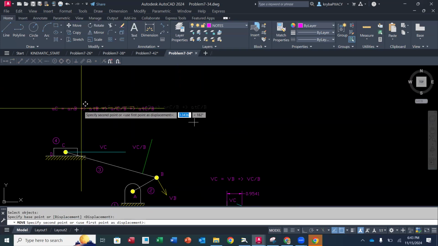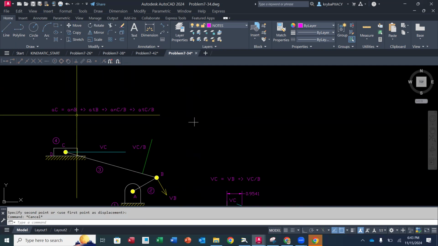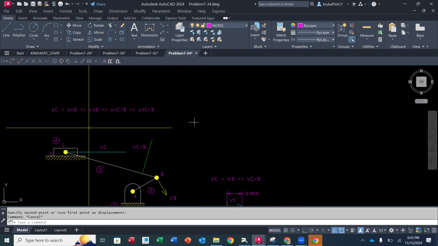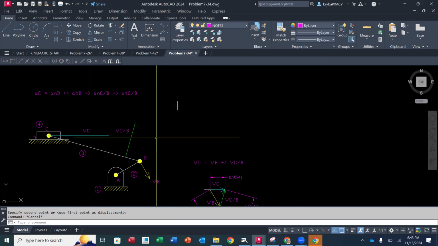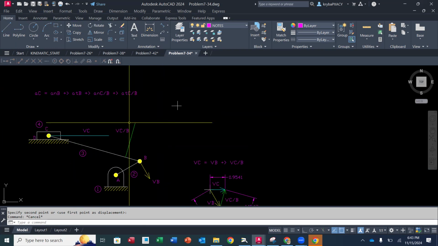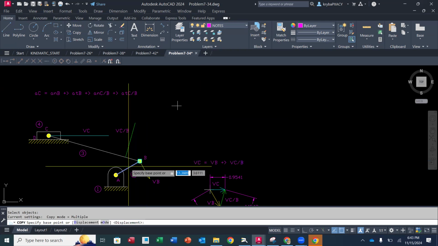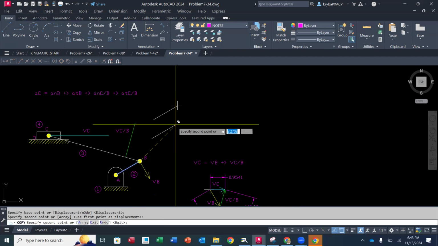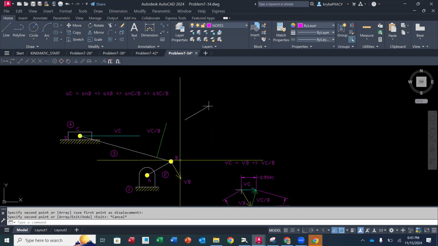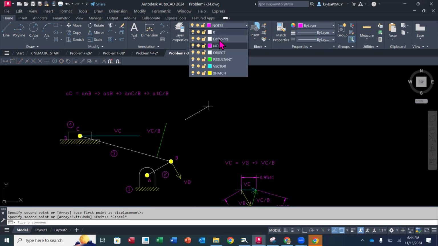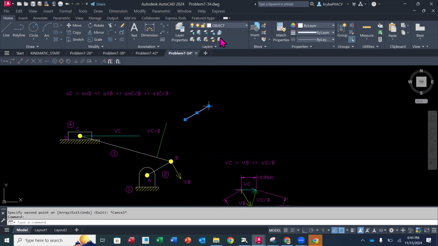So we're going to start on the right-hand side here because the normal component of B is where we know the most information. So we are going to copy the line of action, which is going to be the link itself, because the acceleration of that normal component at B is going to point from B towards A. So we're going to change this to a color.